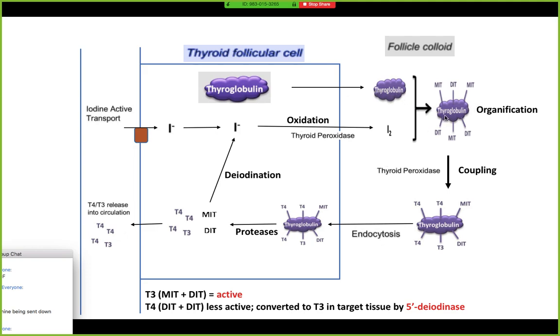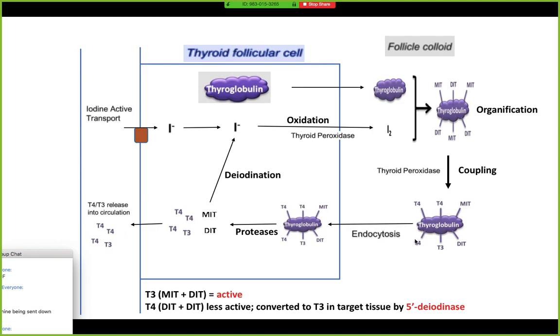Then you have this reaction known as organification of iodine, which involves iodination of tyrosine residues on thyroglobulin. Next there's a coupling reaction by thyroid peroxidase, which combines DIT and MIT to produce T3, or DIT and DIT to produce T4.